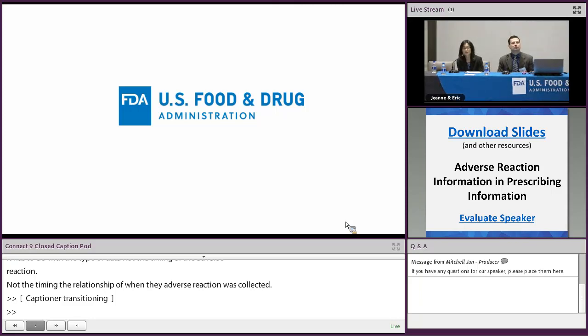So there's a cross-reference where there are the serious or otherwise clinically significant adverse reactions. The reference is made back to Section 5. So you don't have to rehash the entire discussion over in Section 6.